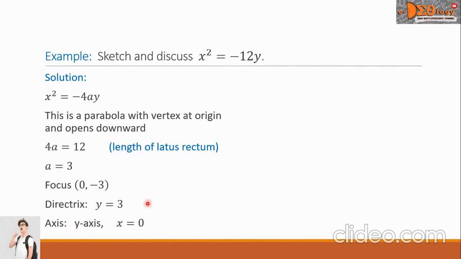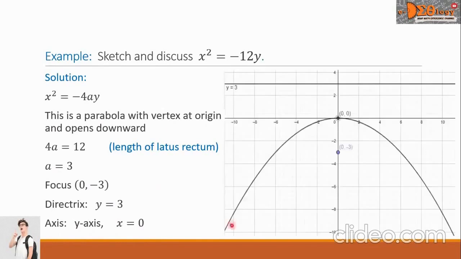Given the focus and directrix along with the vertex at the origin, we can now draw our parabola. This is now the parabola that opens downward with vertex at the origin. The focus is here. We have the directrix above.